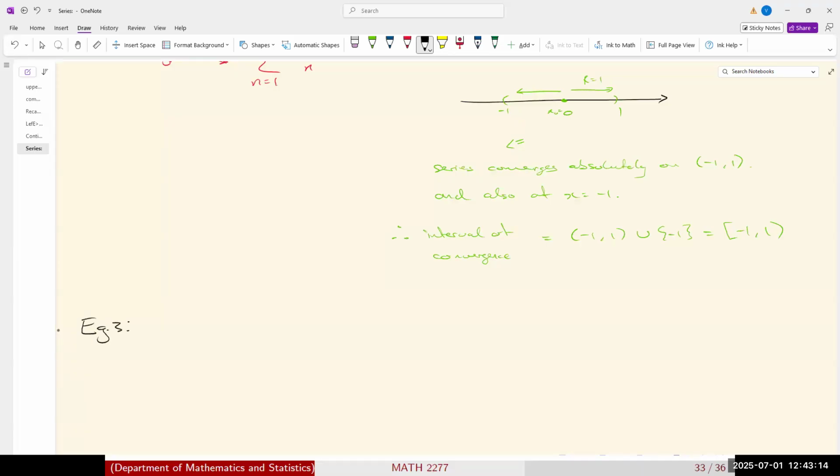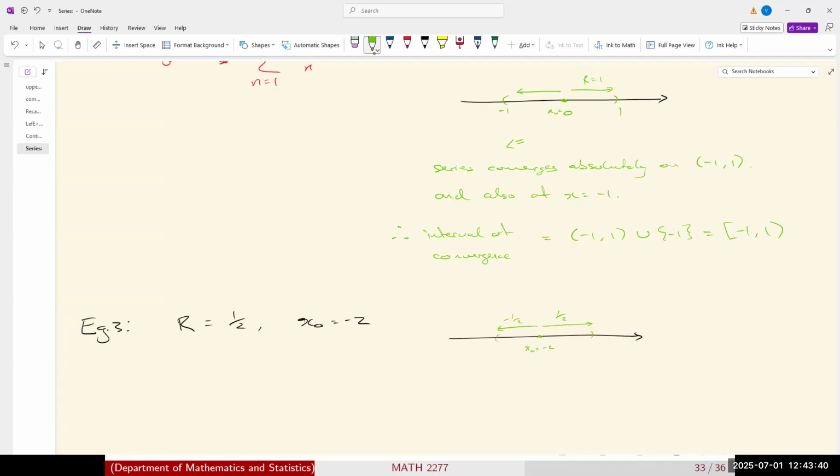Right? So for example 3, the radius of convergence is 1/2, and x0 was -2. So what is the interval? It's not the interval of convergence, but where does the power series converge? So here's -2, and I go 1/2 this way, and 1/2 this way.